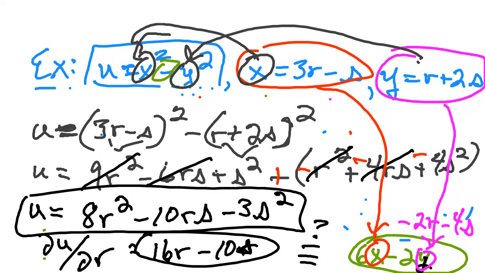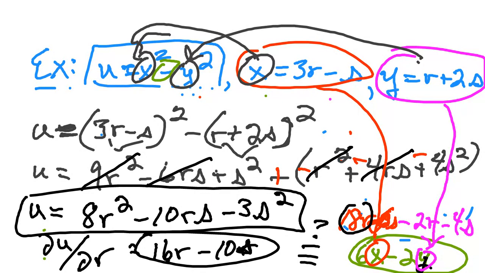And let's go back and do the red part. If I'm plugging in x there, 6 times 3r is 18r, and then 6 times minus s is minus 6s. So 18r minus 6s. Anyway, coming back, let's combine this.